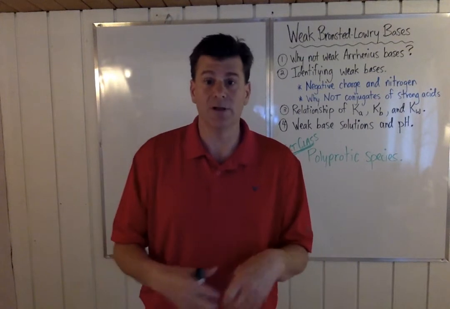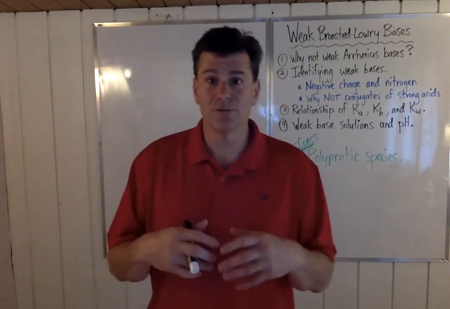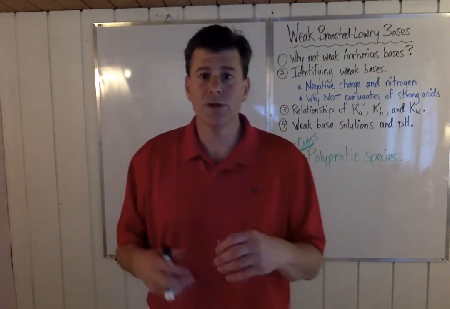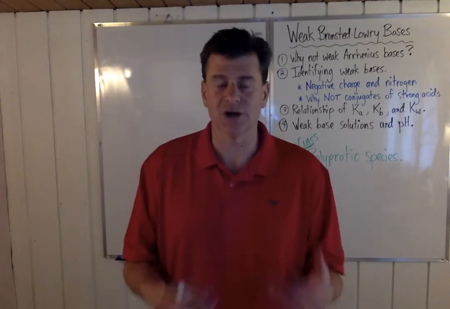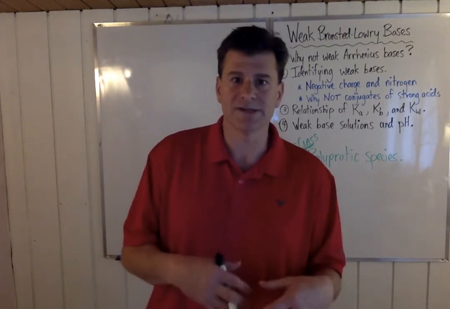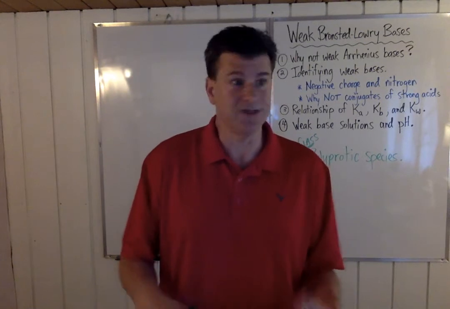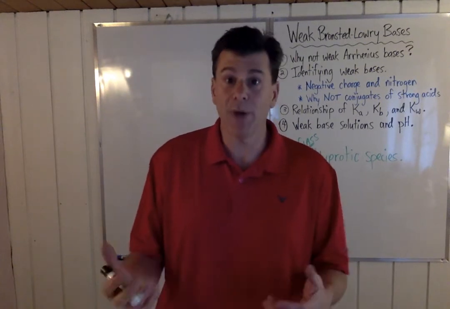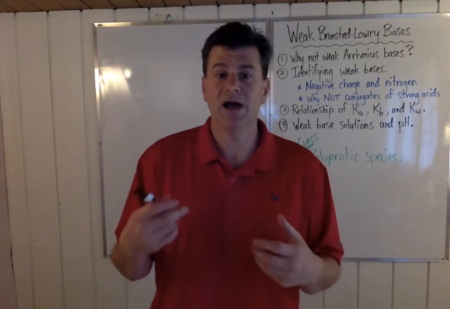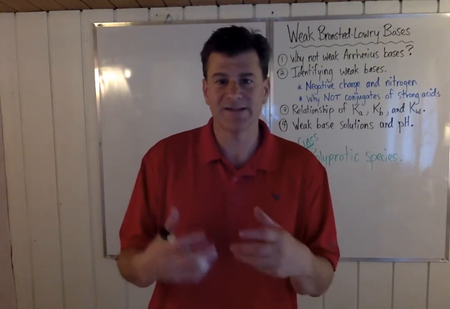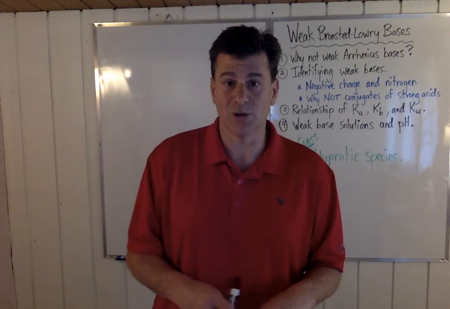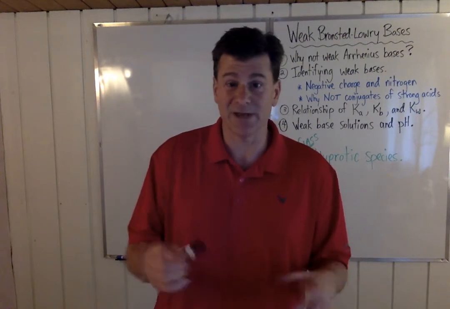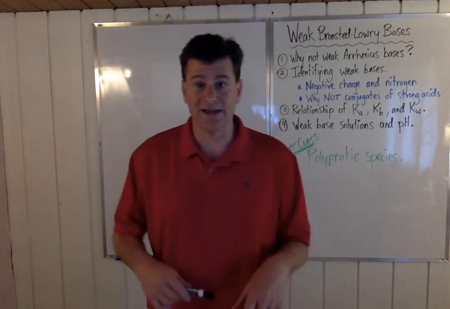For example, if I gave you Cl-, you would say, oh, it's got a negative charge, it could be a weak base, it can pick up an H. So it's got a slot for an H, but because of the nature of the acid that it would have to form, it makes it a little bit more complicated. So Cl- actually isn't a base. We'll get to a little bit more detail on that in a bit.